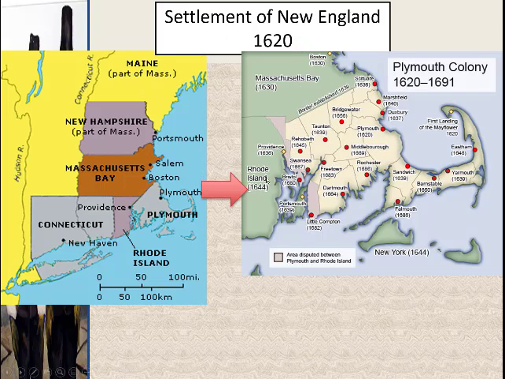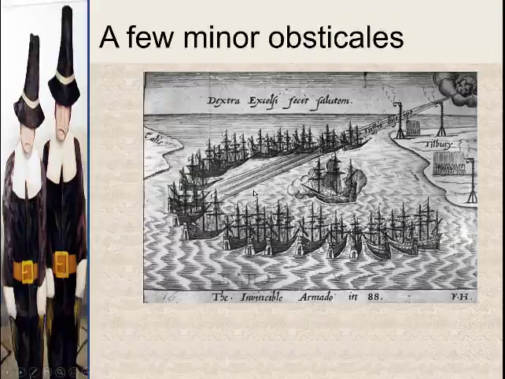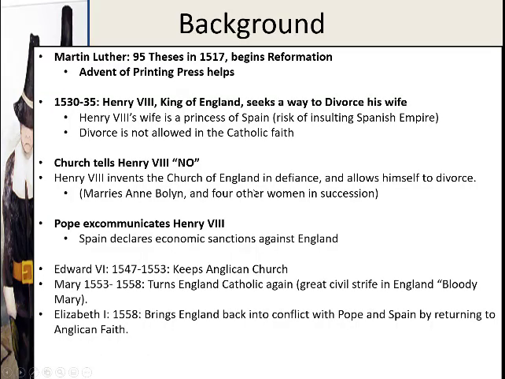So we've now talked about why the English started colonies in the first place. They were desperate for two things. One, to have their own church, the Church of England, thanks to Henry VIII and Queen Elizabeth, and also they wanted to be able to survive, and they couldn't survive as long as Spanish sanctions were in place. And so the only way for England to survive was to finally set up colonies, and that's why they do it.